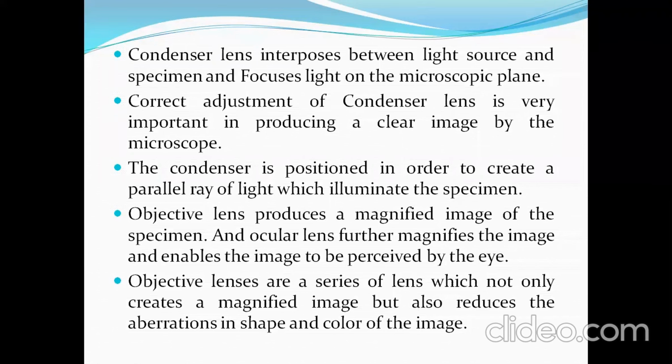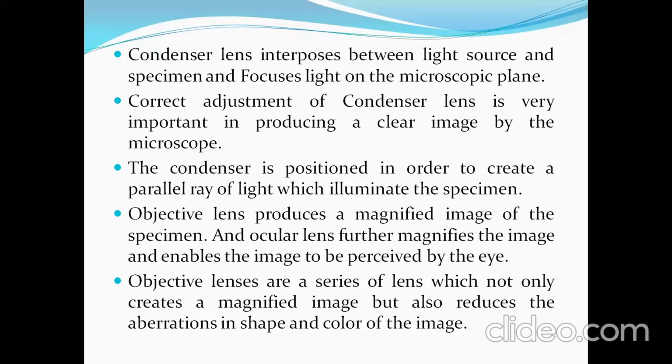Number 3, the condenser is positioned in order to create a parallel ray of light which illuminates the specimen. Next, objective lens produces a magnified image of the specimen, and ocular lens further magnifies the image and enables the image to be perceived by the eye.